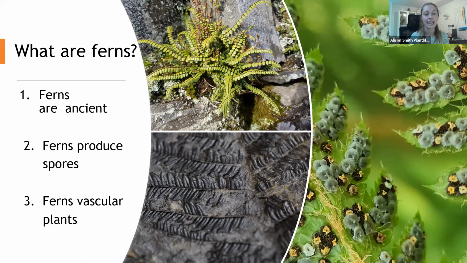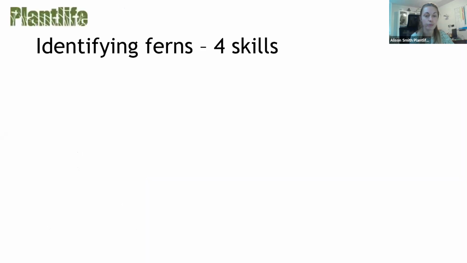So what I want to look at next, we've looked a little bit at what ferns are. Want to look now at how you might start to identify them, because as I said, they're often perceived as being quite a challenging group of plants, even though we have relatively few species in the UK. But it's all really about knowing a few tricks and things that you need to look for.